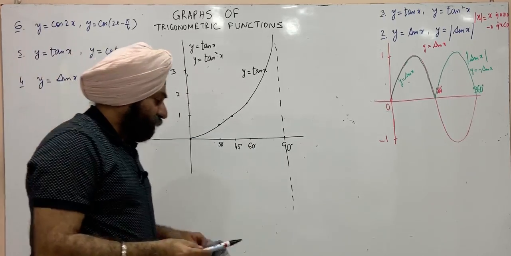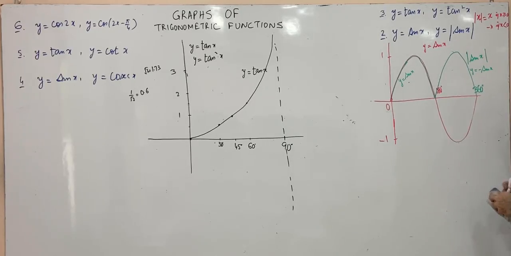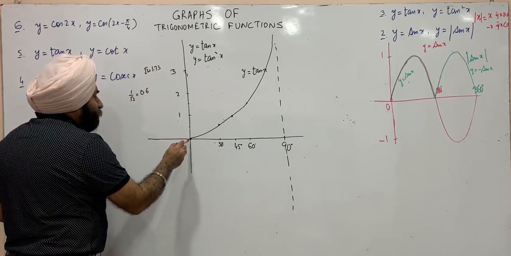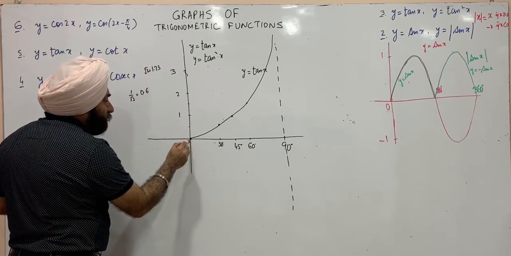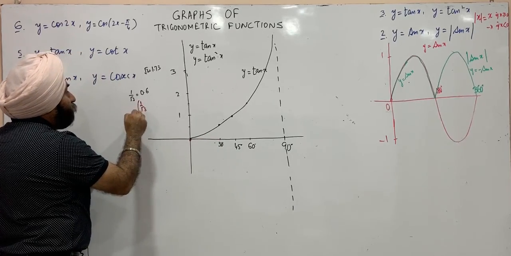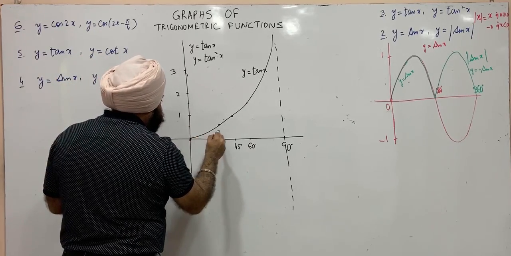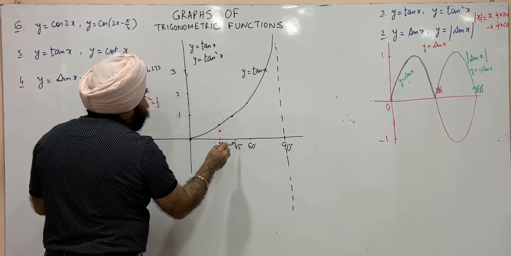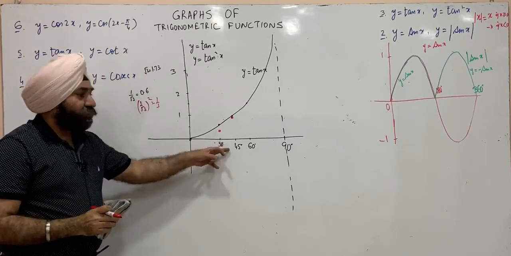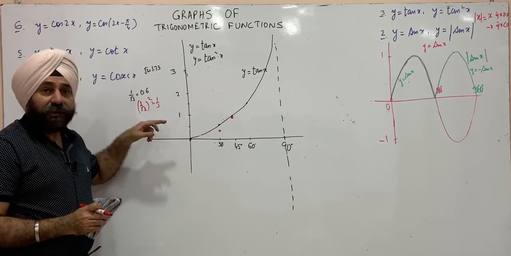Now when we have to square the values, tan square of x means tan of x whole square. So this is tan 0, 0, 0 square is 0. Tan 30 is 1 by root 3. 1 by root 3 square is 1 by 3. So that will be less than this value. 45 will be same. So we know that if x lies between 0 and 1, x square is a lesser value.